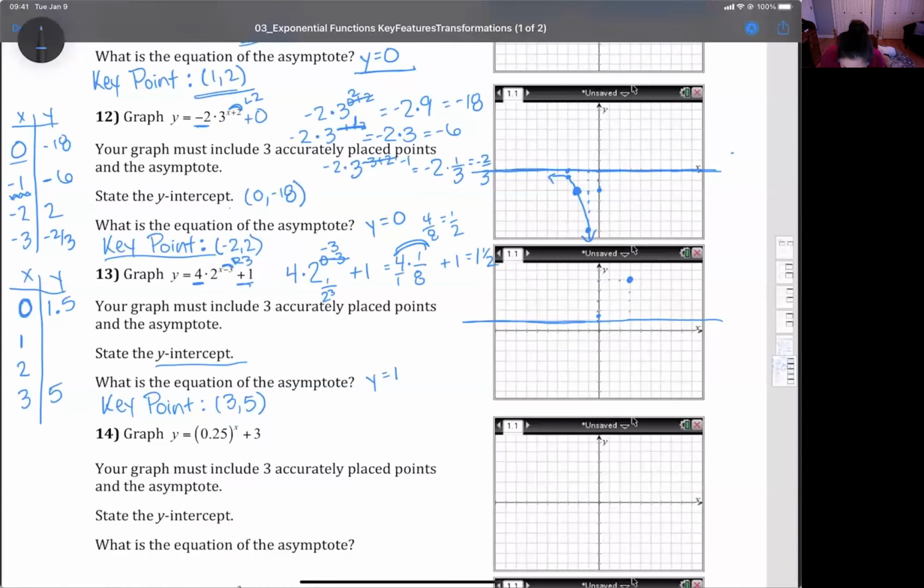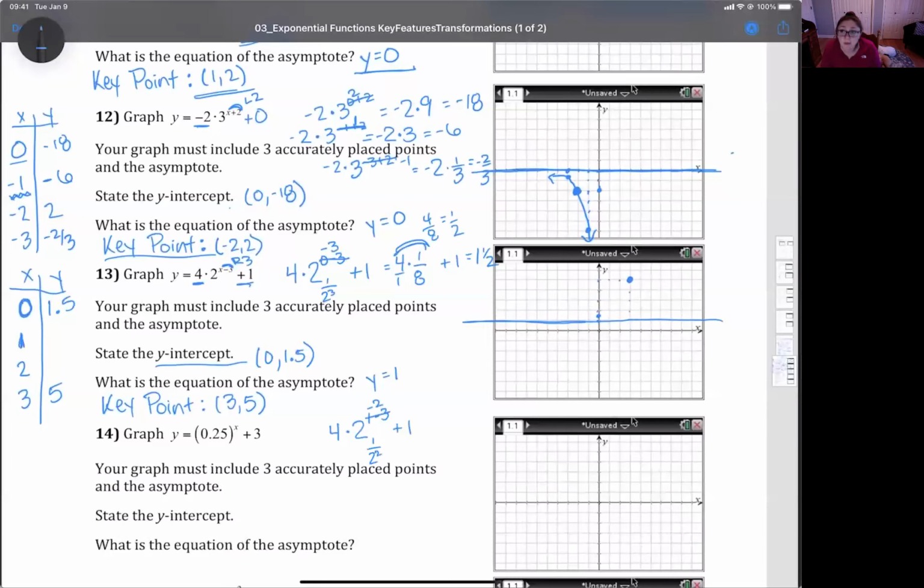Great. Now I'm going to plug in my next x value. My next x value is 1. So I need to state my y-intercept, 0, 1.5. And then I'm going to plug in my next value for x. So this would be 4 times 2 to the 1 minus 3 plus 1. Again, order of operations as I simplify step by step. 1 minus 3 is -2. So this would be 1 over 2 squared.